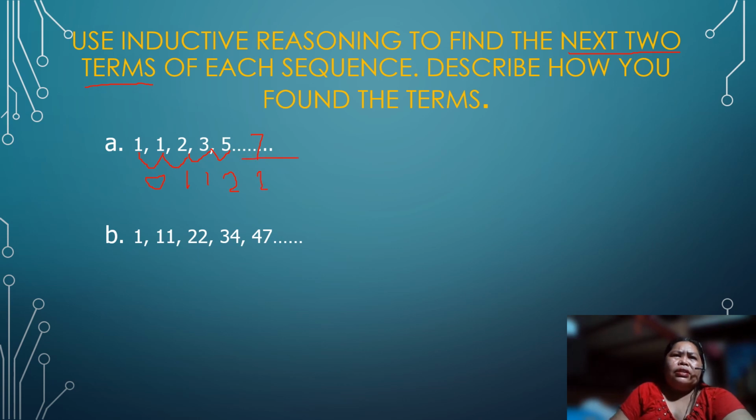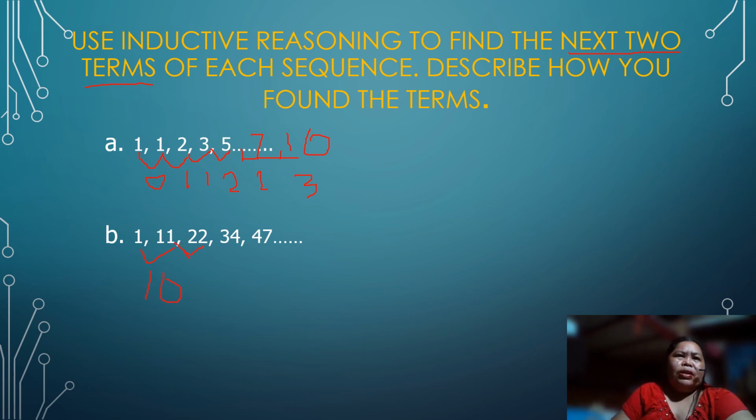And then the next should be 3, so that means we have 10. Why does it become 10? Because the next difference should be 3. 3 plus 7 is 10.